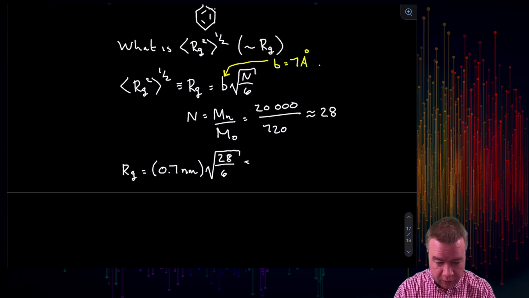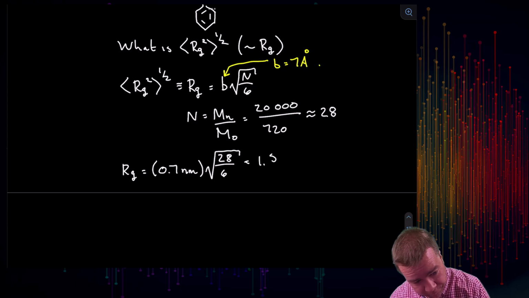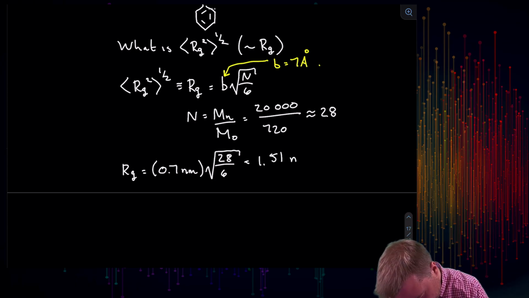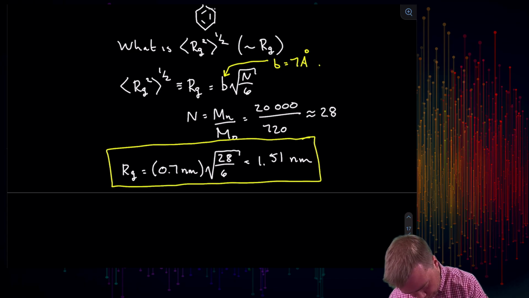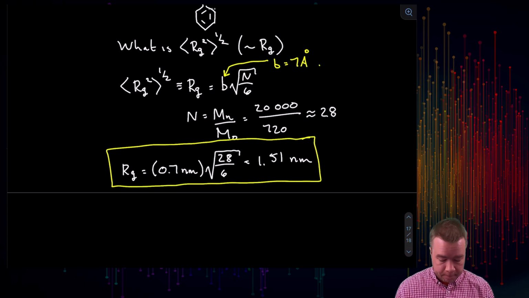And so this comes out to be 0.7 times square root 28 divided by 6. This is 1.51 nanometers. Okay, so that's the radius of gyration of that polymer. All right, so we've done that.